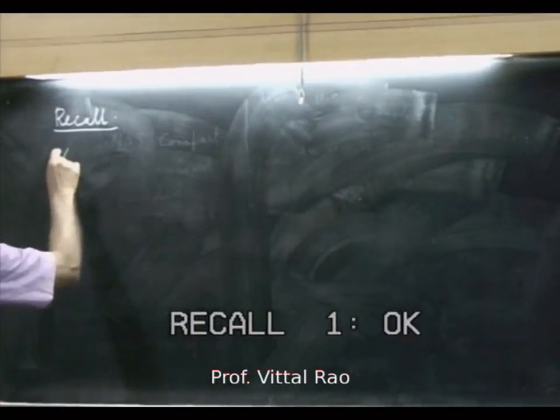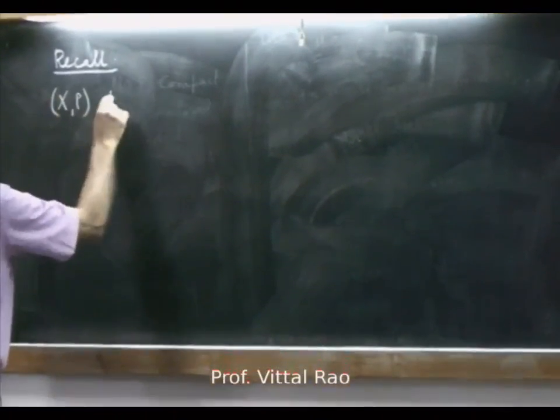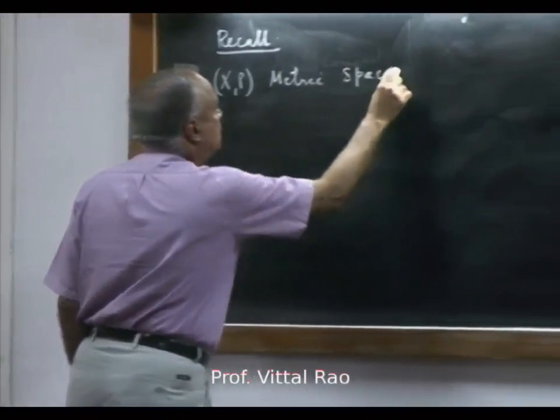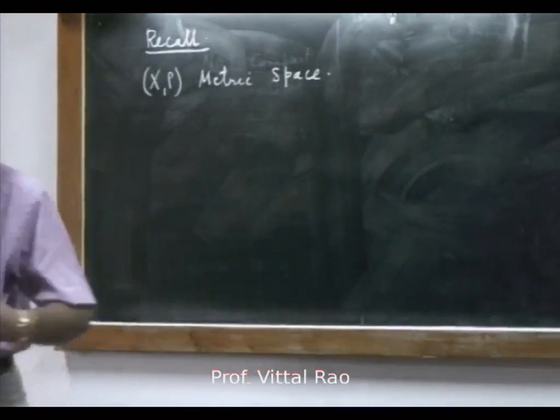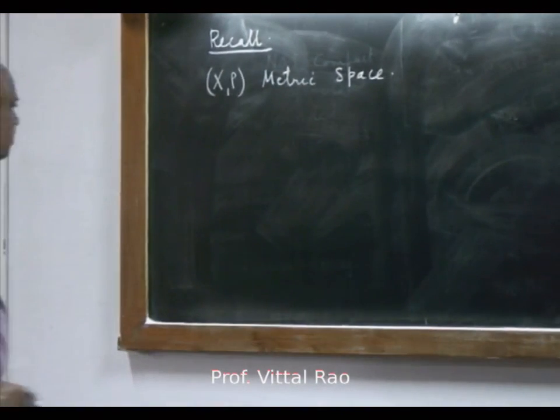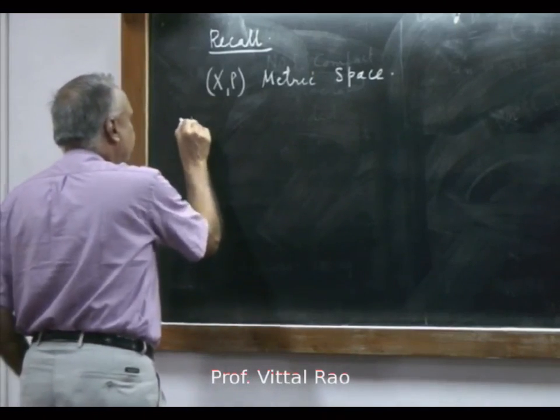We have a metric space, and we said a subset is dense if wherever you go you can find them. That is what is meant by everywhere dense. Now I have to be very careful.